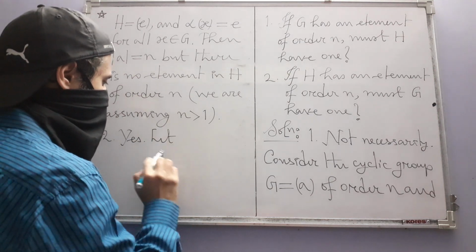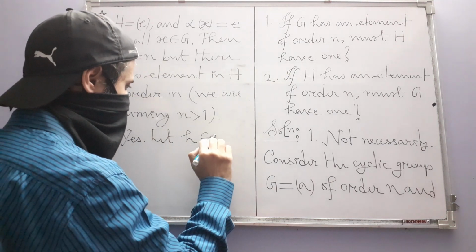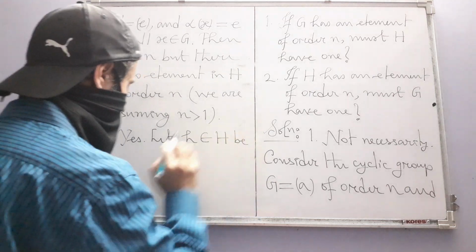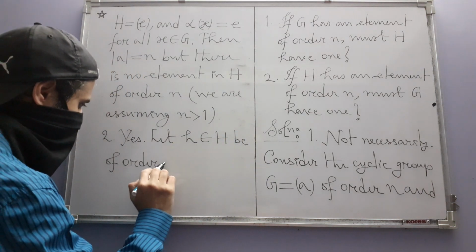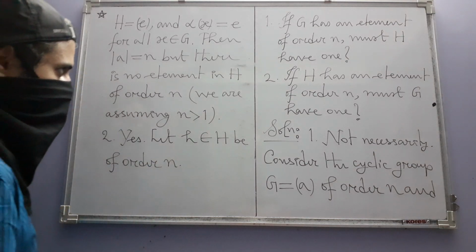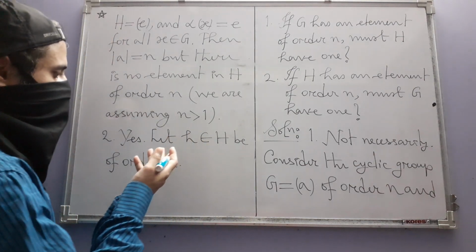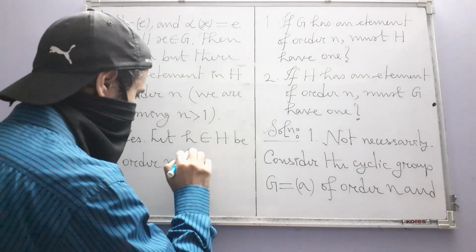Let h belonging to H be of order n. Now we are given that our homomorphism is onto.